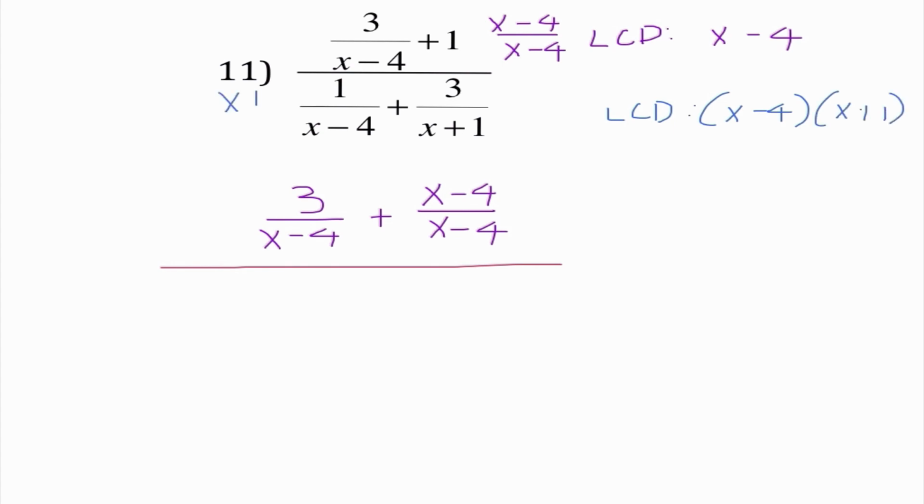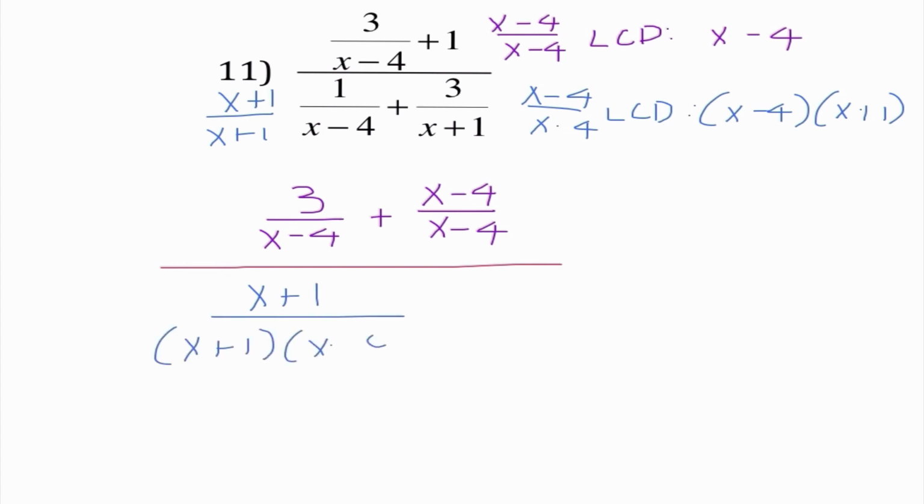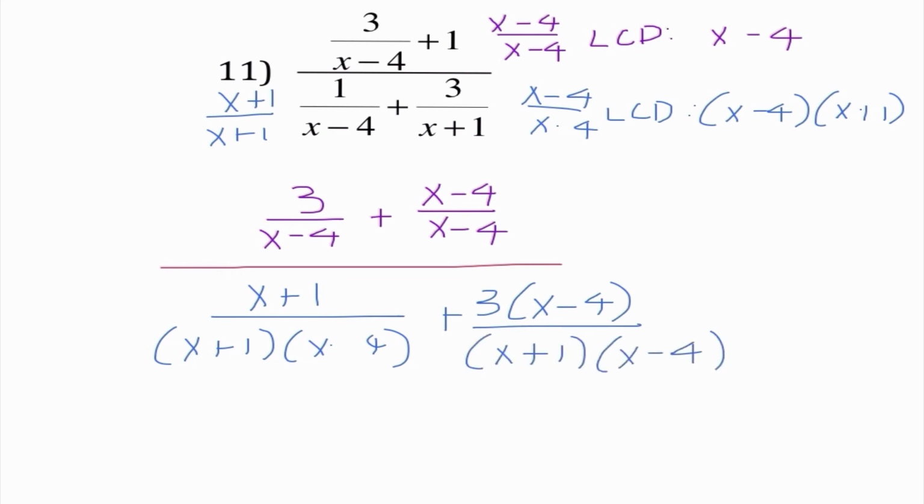So I'm noticing I'm missing an x plus 1, and over here I'm missing an x minus 4. So I'm going to get x plus 1 over x plus 1 times x minus 4 plus 3 times x minus 4 over x plus 1 times x minus 4.